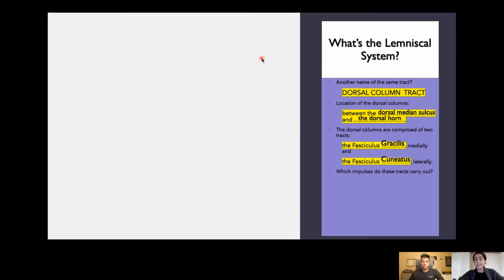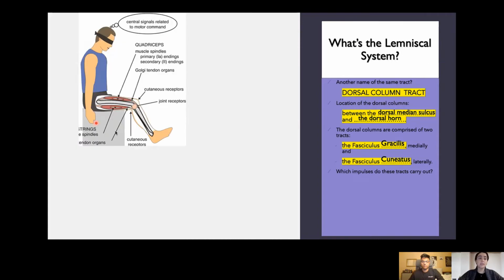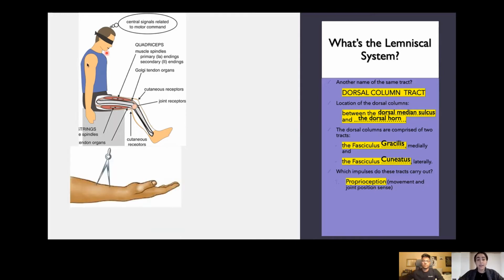What are the impulses that this specific ascending tract is carrying? So, what can you see in this picture? That means that it can carry proprioception. If a blindfolded man knows where the hands and the legs are. Then you can also have the discriminative fine touch.